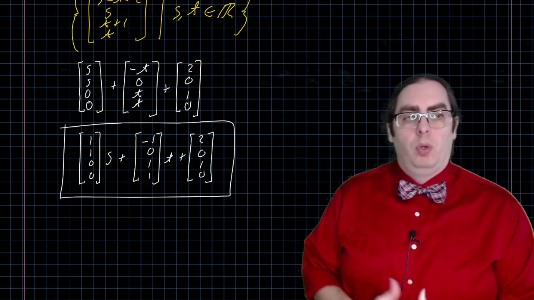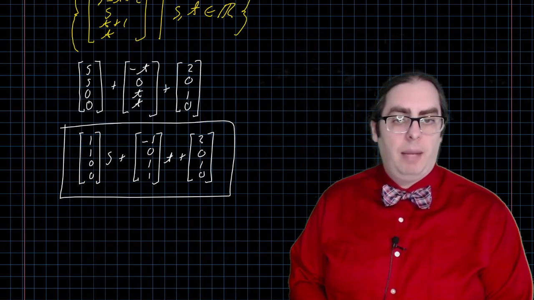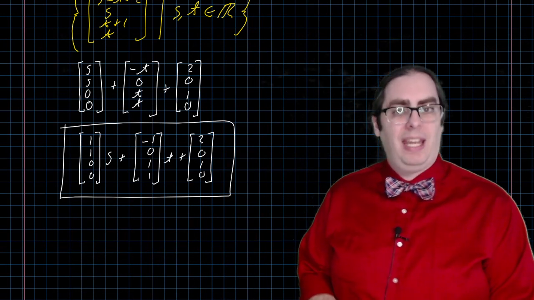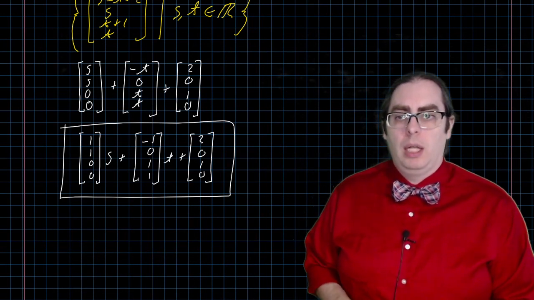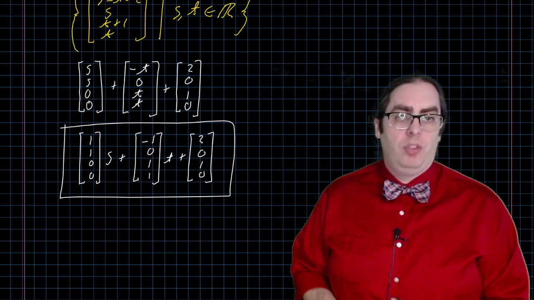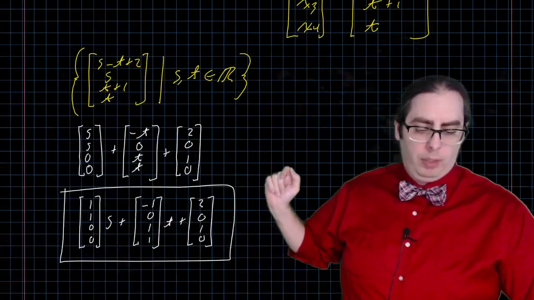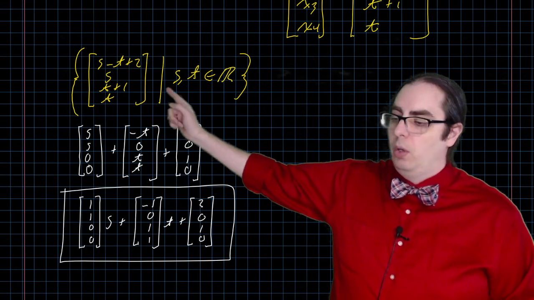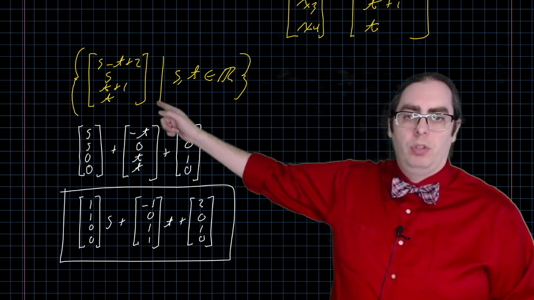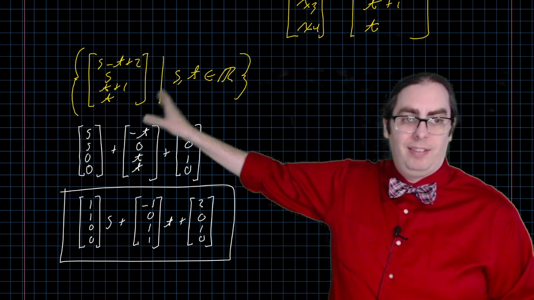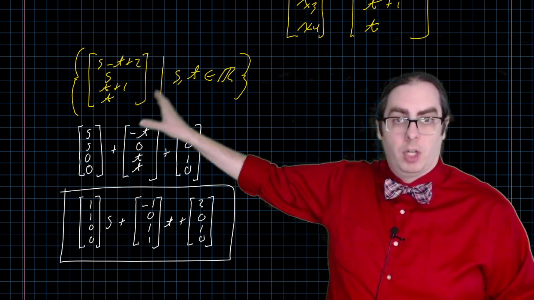We will explore in the upcoming videos why this can be useful. But for right now, I just want you to see that it is a thing we can do. If I scroll up just a little bit, we could write our solution as a single combined vector. That is perfectly valid.